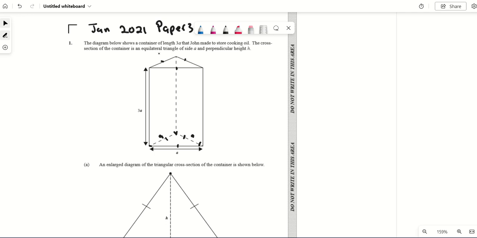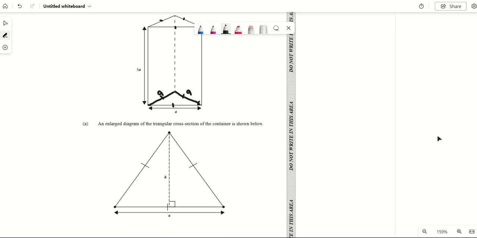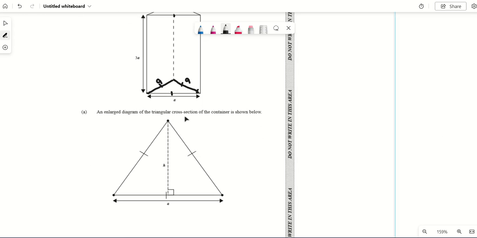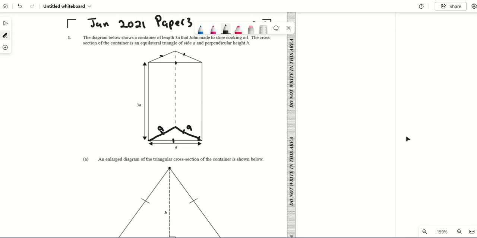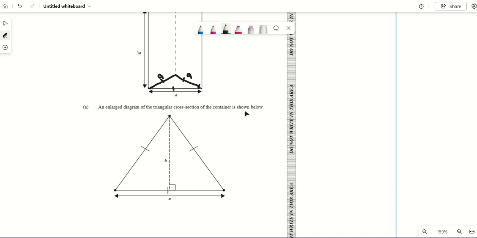All right. Then they're going to say, right? So now they said an enlarged diagram of the triangular cross section. This just means they take out the top part, or you're looking from above, right? You're standing up and looking down from above the storage for cooking oil, of the container shown below.